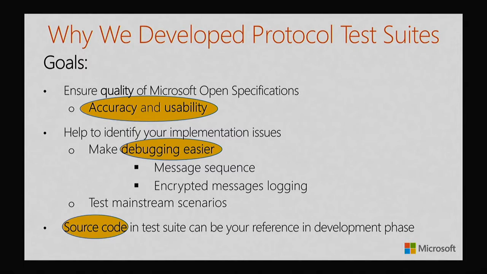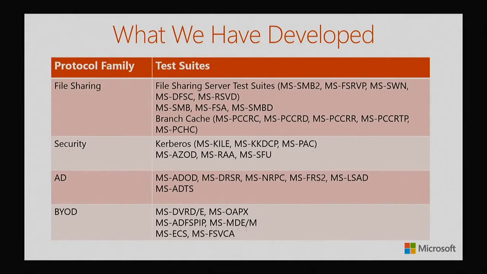The third goal is that we have the source code, so you can take the source code from us, and it can be your reference in your product development. For this Plugfest, we developed protocol suites for 4 protocol families: file sharing, security, AD, and BYOD.